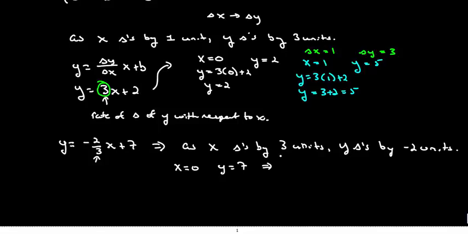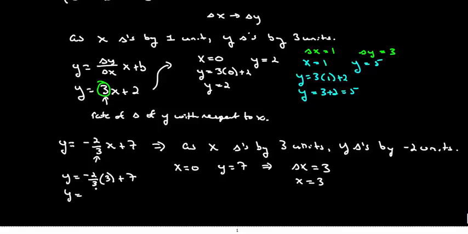Now let's change x by the denominator amount. Let's change x by 3. So let the change of x be 3. So x is going to go from 0 to 3. And we increase by 3. Now watch what happens to y. We're going to go from 7 to what? Now watch. We have y is equal to negative 2/3 times the x value, which is 3, plus 7.